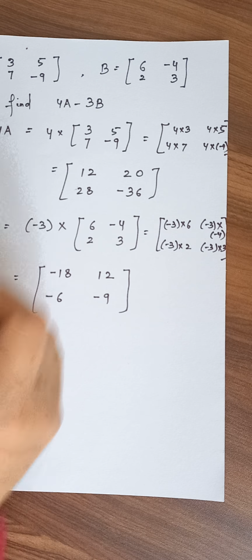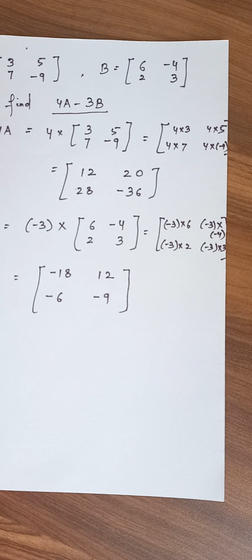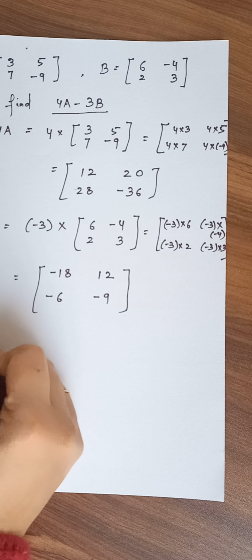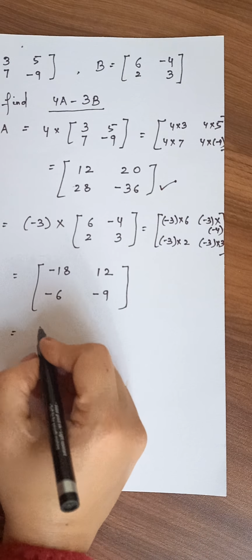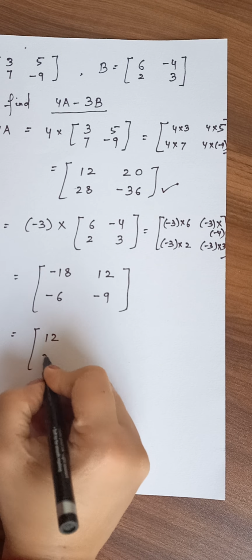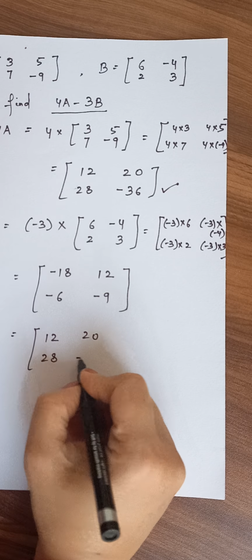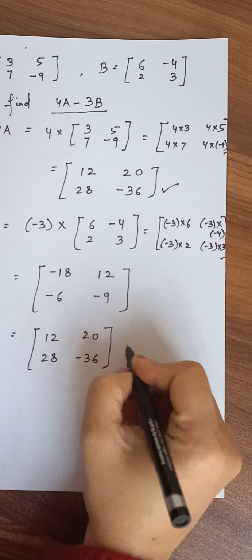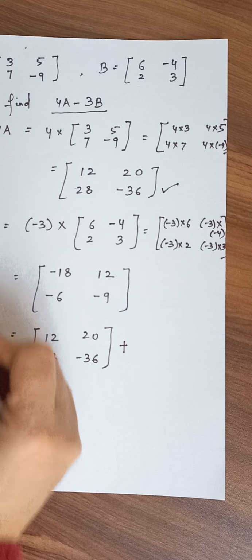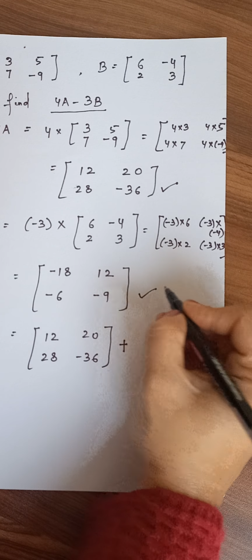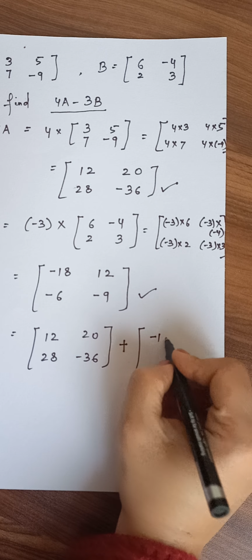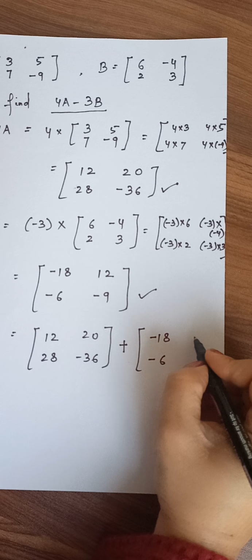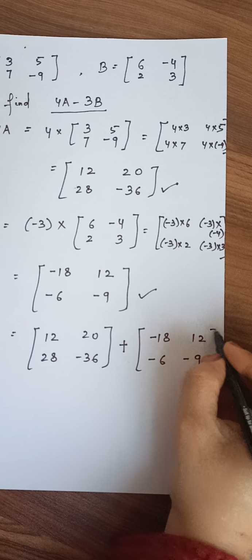Now finally we have to find 4A minus 3B. So you write down 4A minus 3B. In place of 4A, you put the value we found, that is 12, 28, 20 and minus 36. Then put the plus sign there, because minus 3B we have already found, and in place of minus 3B we put its values like this.